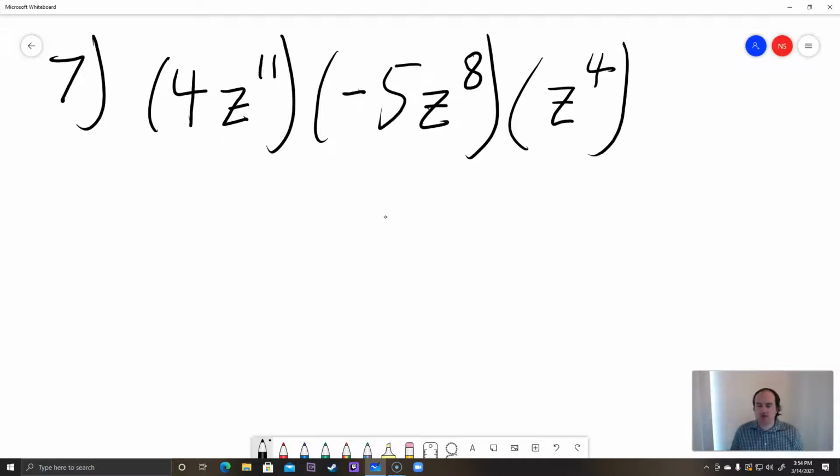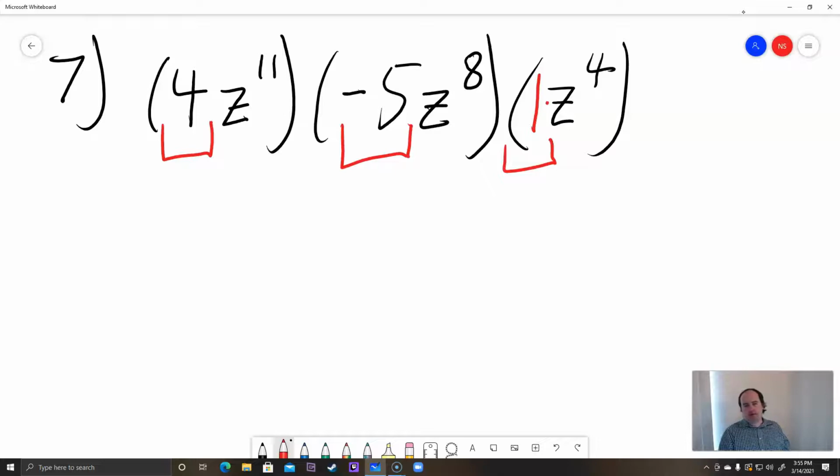But once again, you want to focus on the constants out front separately from the variables. So here, combining the constants, we're going to have 4 times negative 5. And then for the z to the 4th, you need to realize that if they don't write the constant, it's automatically 1. So that's really just 1 times z to the 4th.